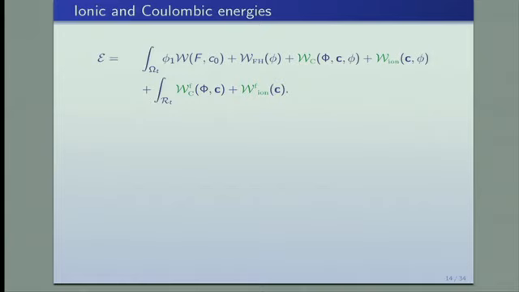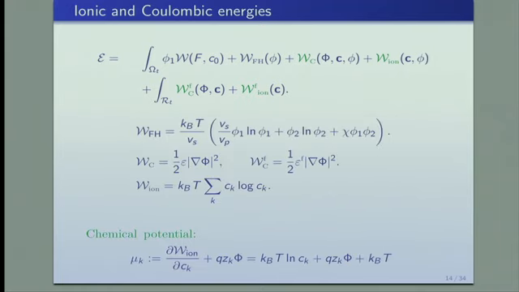That's the ionic energy. So this is the entropy-related energy. And same, the Coulombic energy of the ions in the fluid outside, and, of course, the entropic contribution of the ions also outside.